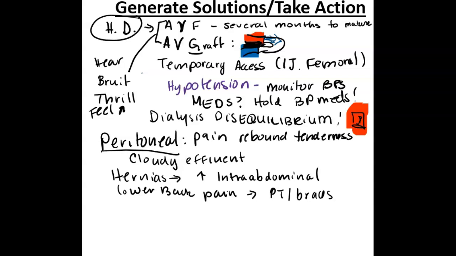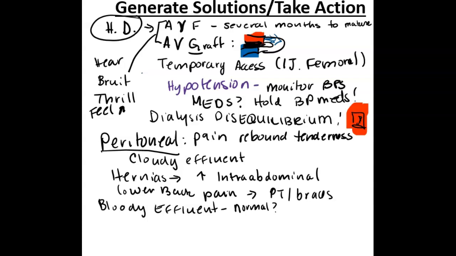Let's talk about blood in the effluent. So bloody effluent. This can be perfectly normal for a person if the dialysis catheter is newly implanted, so there might be just a small amount of bleeding in the abdomen. It's also normal with menstruation and ovulation.